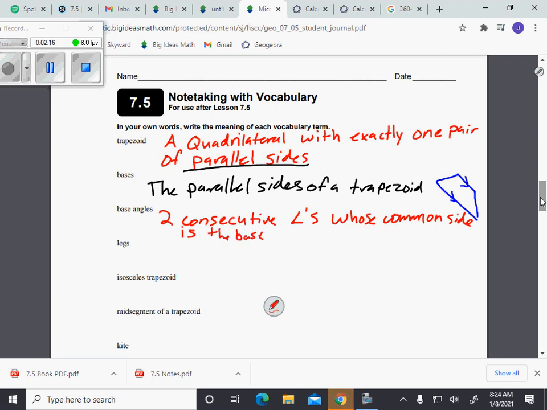Okay, so back to my trapezoid. These angles right here, those are my base angles. It makes sense because they both share the base.